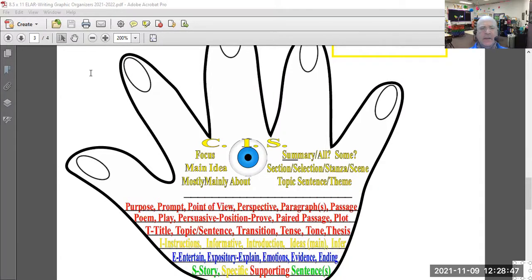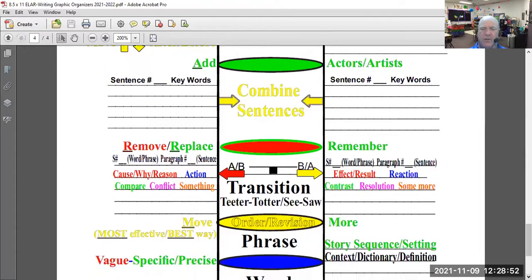I'm gonna slide down the screen so you can see the bottom of the revising graphic organizer. And if you look in the section down here where the arm is, the question was asking about the theme. Well, in order to know the theme, we have to know the transition.